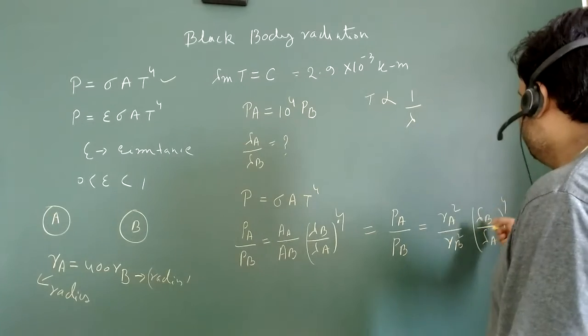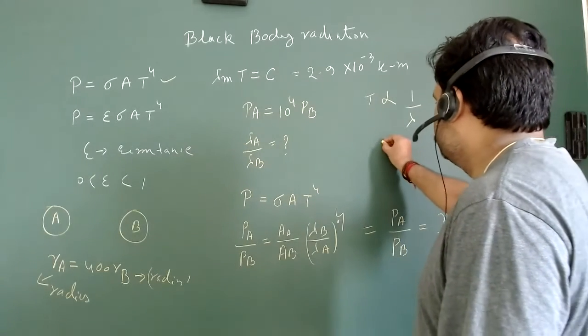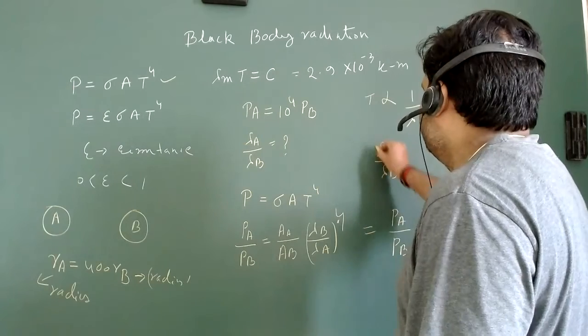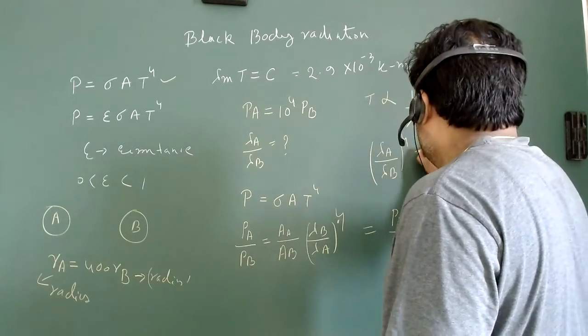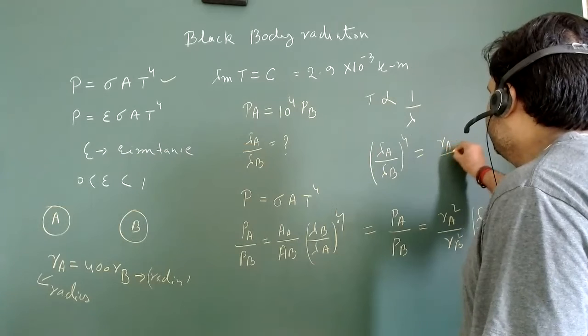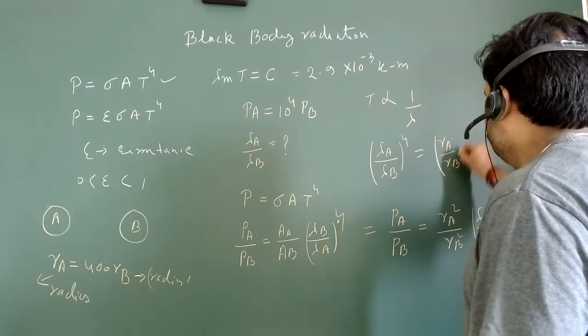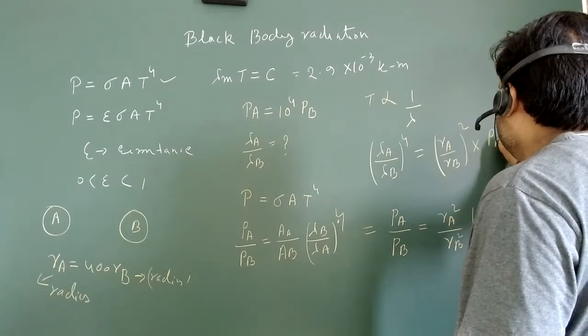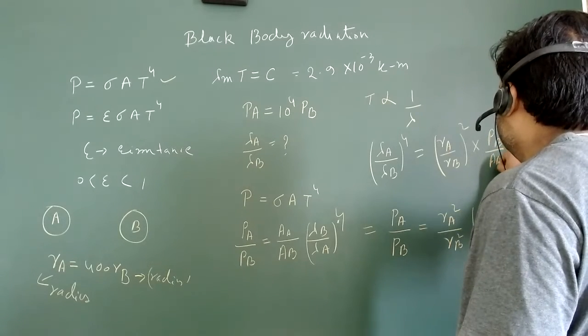Now we have to calculate lambda A by lambda B, so we can write lambda A by lambda B to the power 4 is equal to RA upon RB square into PB upon PA.